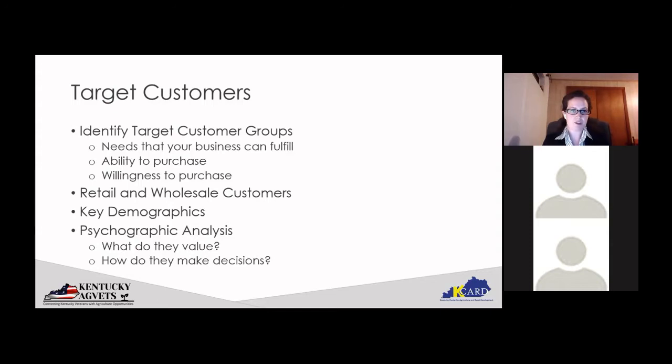When you're thinking about your target customers, you also want to break that out into retail versus wholesale, because they have two different needs. Retail includes things like farmers market, direct to consumer, CSAs, community supported agriculture, or selling at a roadside stand or farm stand.